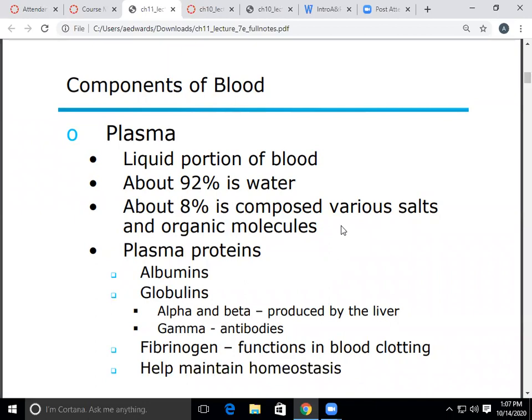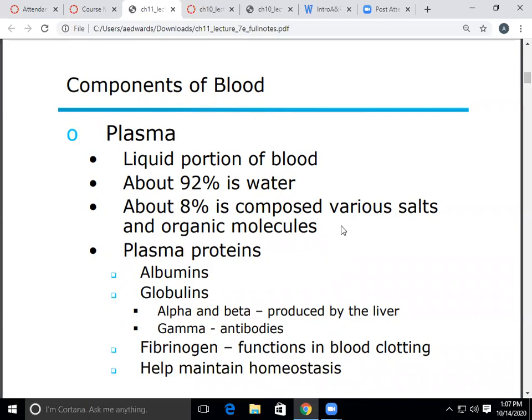And you also have proteins. Those are some of your organic molecules, right? Because remember, organic means you have what 3 elements? Carbon, hydrogen, oxygen, right? But mostly carbon.